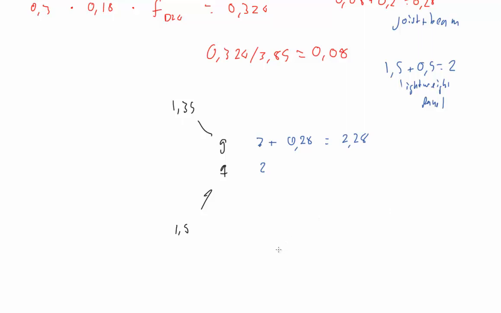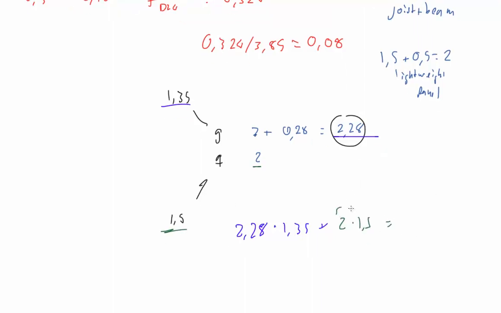So with that, you can calculate the design load. You take this value, 2.28, times 1.35, plus 2 times 1.5.